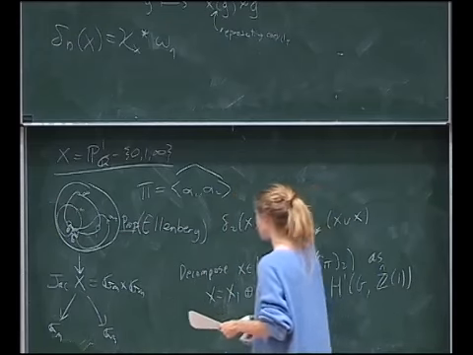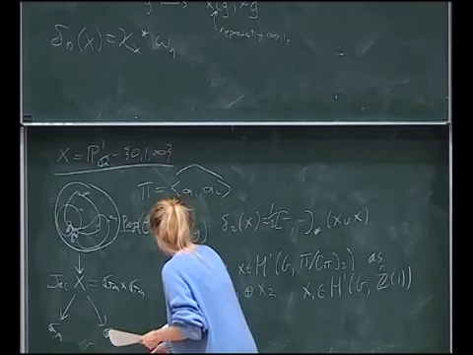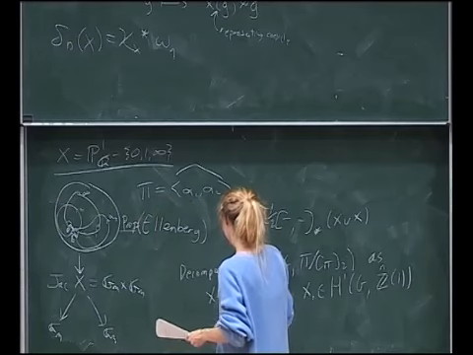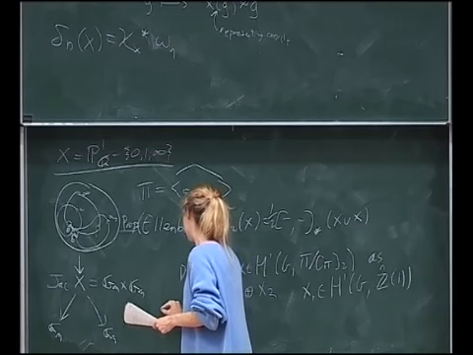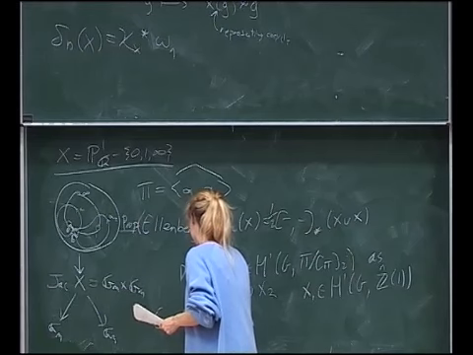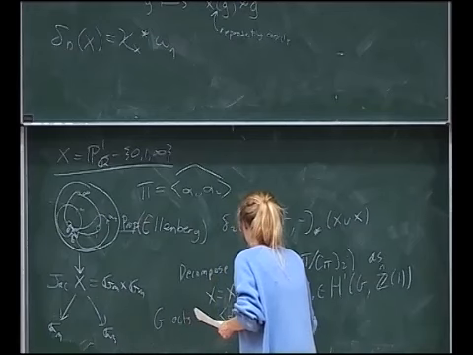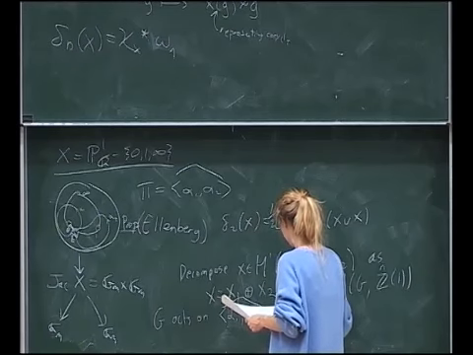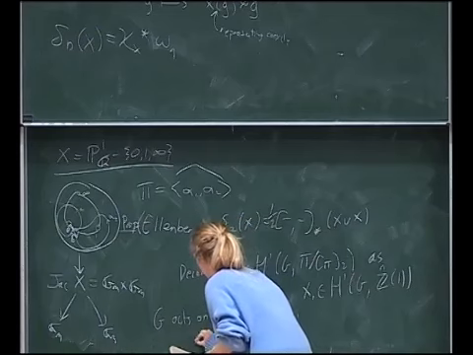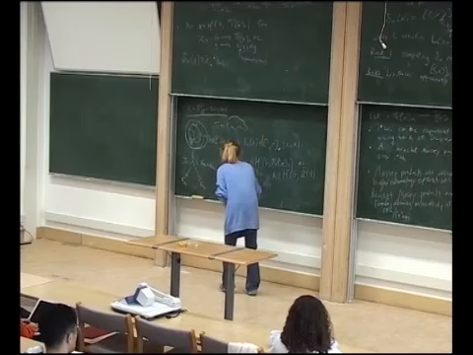And the action on P1 minus 3 points is well known to have the following form. For instance, it's in Drinfeld's Grothendieck-Teichmuller group definition. So G acts on alpha 1, alpha 2 in this manner.